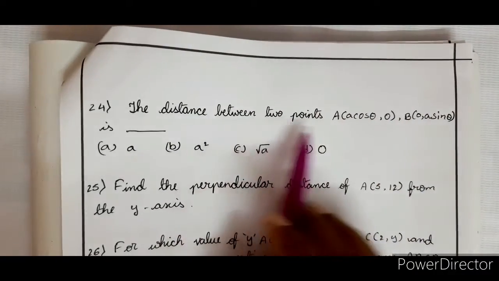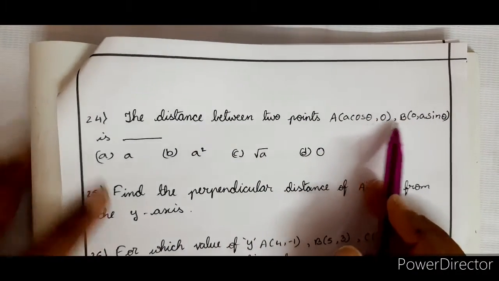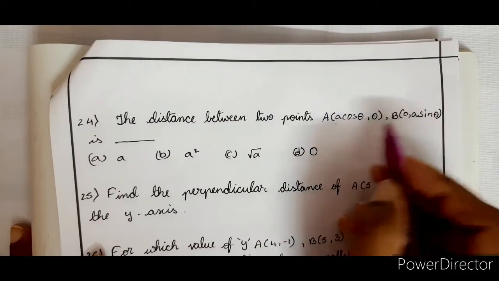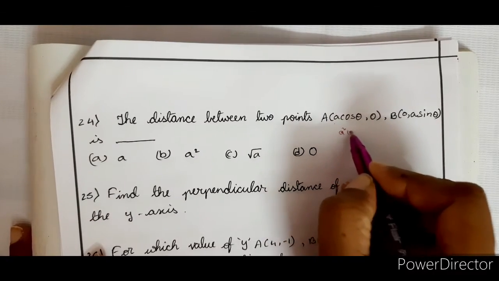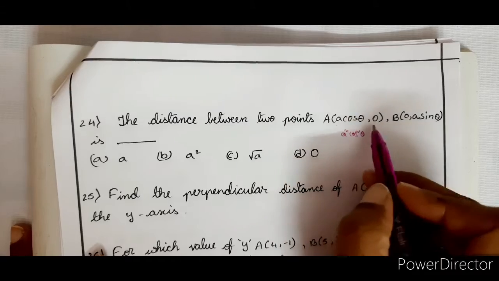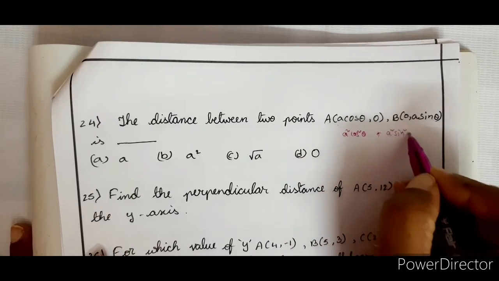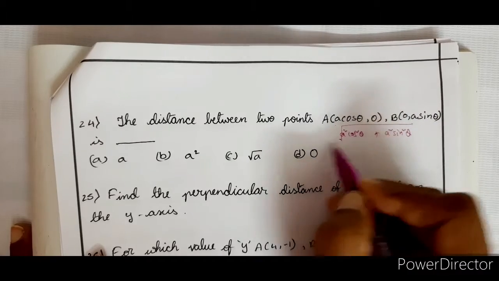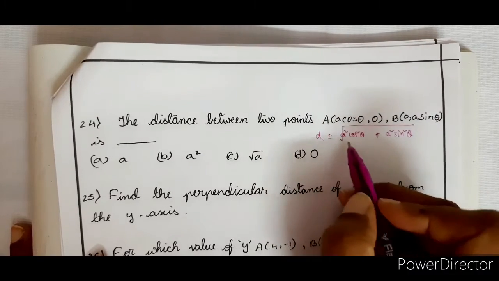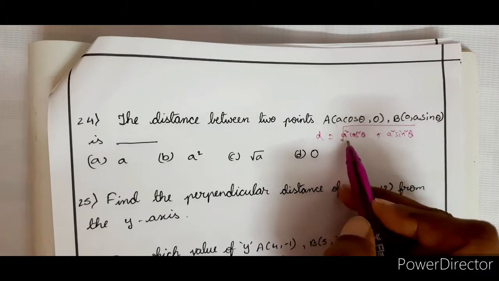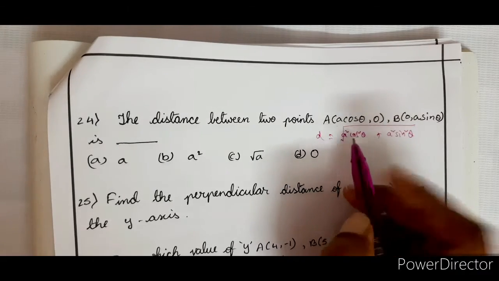Next one: the distance between the points a cos theta, comma 0, and 0, comma a sin theta is very, very easy. A cos theta minus 0 is a squared cos squared theta, under whole square, plus 0 minus a sin theta, that is a squared sin squared theta, all under root. Distance is like x1 minus x2 or x2 minus x1, whole squared.